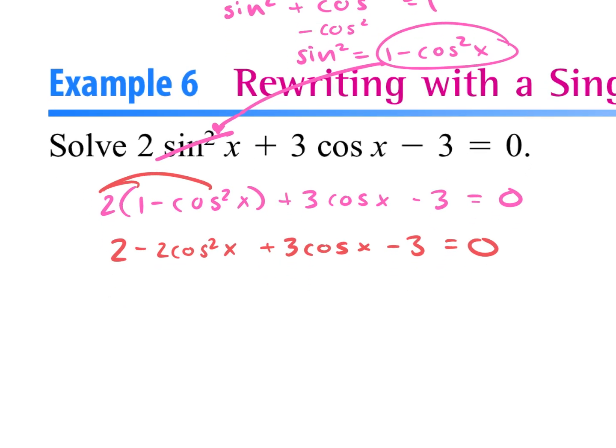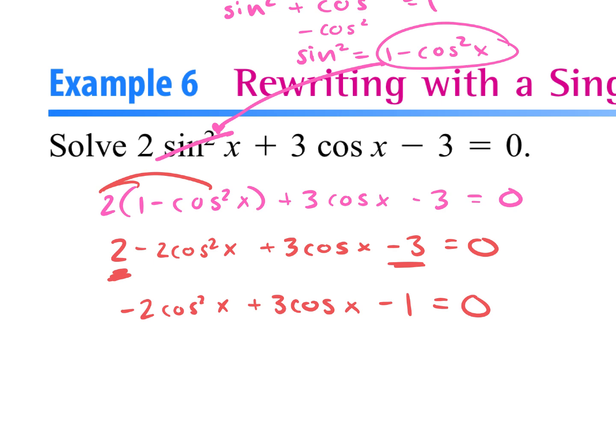What's next? Combine 2 and -3. So that would be -2 cosine squared plus 3 cosine minus 1, because I combined my like terms there, is equal to 0. What can we do next?